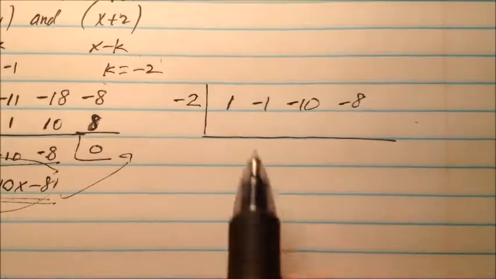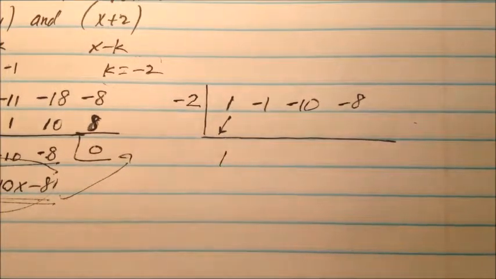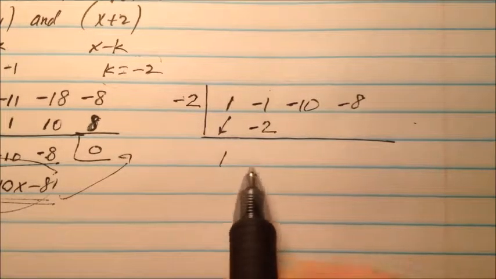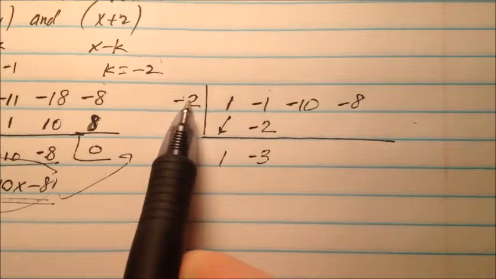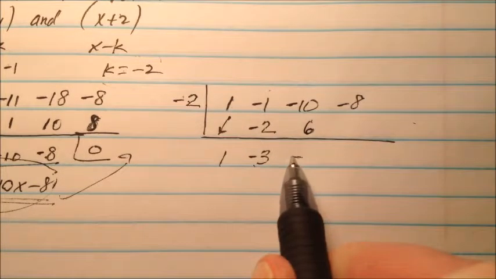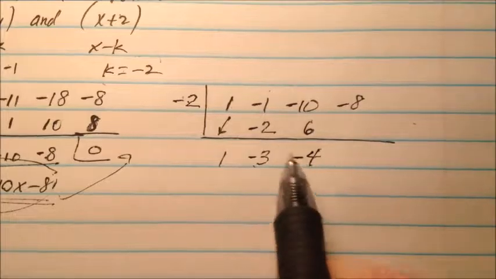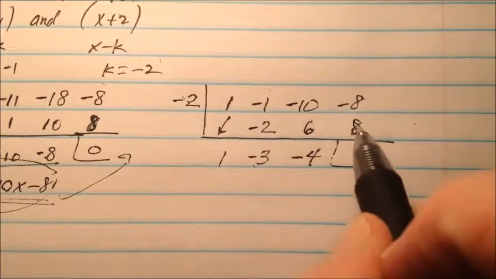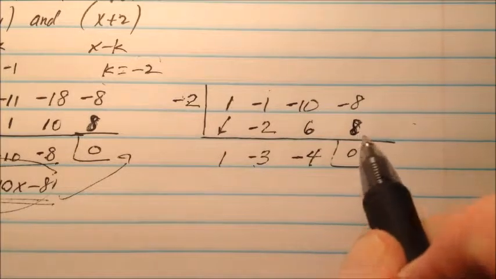Okay. So bring down the first one, which is 1. Negative 2 times 1 is negative 2. Add these, we get negative 3. Negative 2 times negative 3 is positive 6. So when I add these, I get negative 4. And then negative 2 times negative 4 makes positive 8, which again gives 0 when we add those up right there.